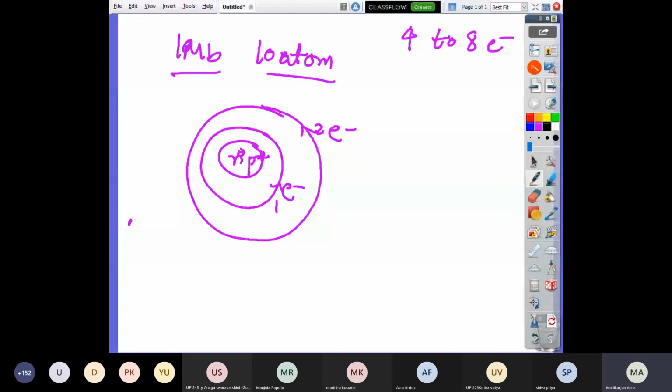Now what is happening? Can you tell me how the earth is rotating around the sun? The earth rotates around the sun while spinning itself. For one spin, it takes 24 hours.